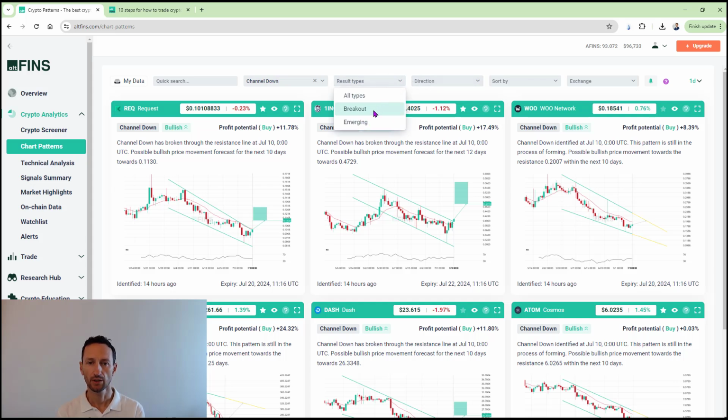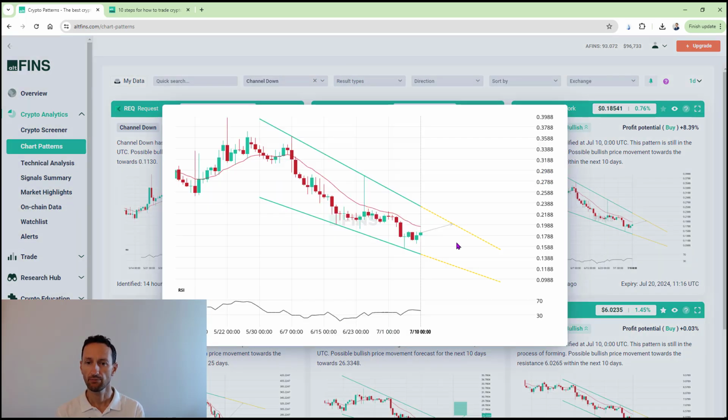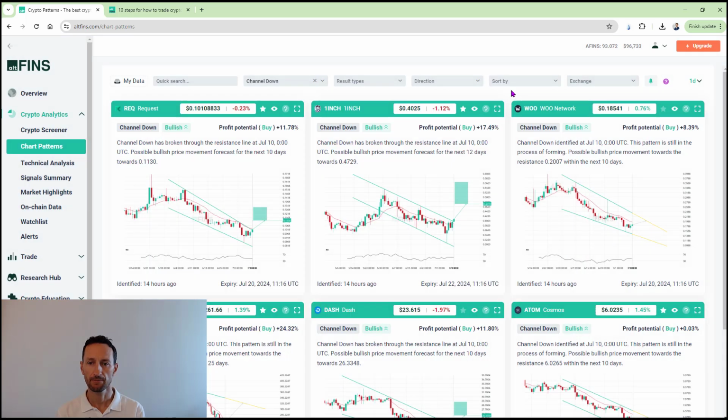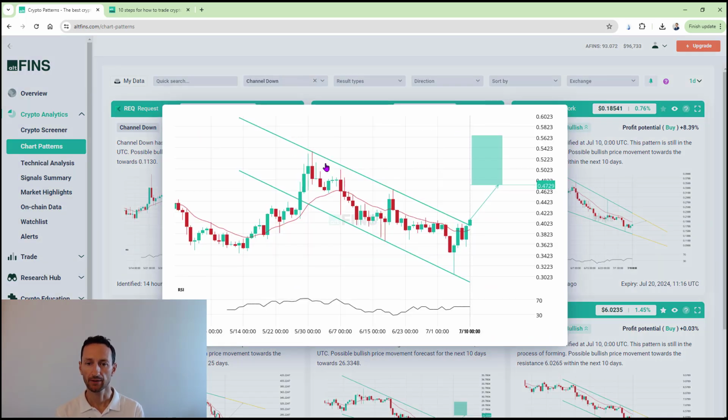And first of all, there are emerging patterns and breakouts. For example, this one is an emerging pattern, so the pattern is just forming. It's still a tradable opportunity, but it's not a breakout yet. Well, this one is a clear breakout for 1inch, where the pattern has formed and the price has broken out of that pattern, and the prediction is that it's going to go to the prior swing high, and the prior swing low should be our stop loss right here.